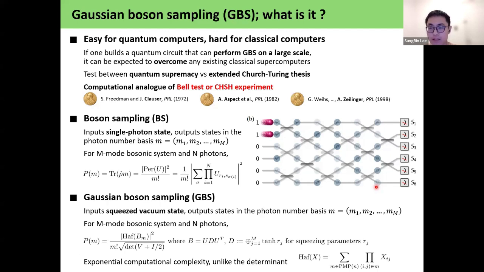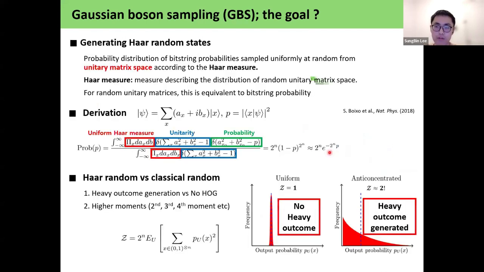If you don't give bananas, then it's 0, and that's a random bit string. How would you distinguish a random bit string created by a monkey from a random bit string created by a quantum computer if you don't know the exact answer? There's a problem of verification in quantum sampling problems, and one way to verify is to check whether you have heavy outcomes generated.